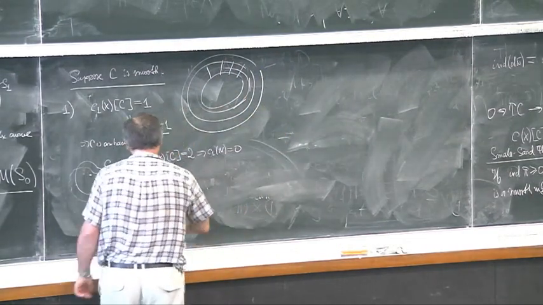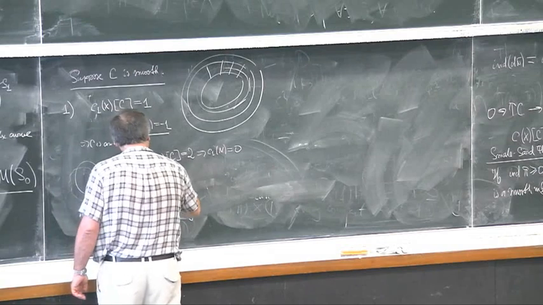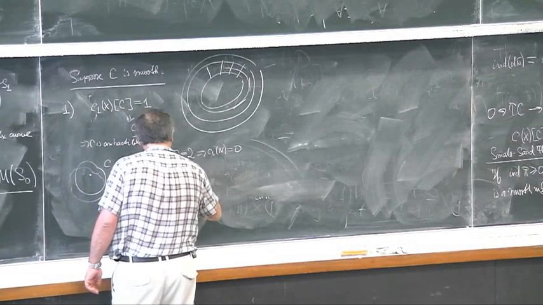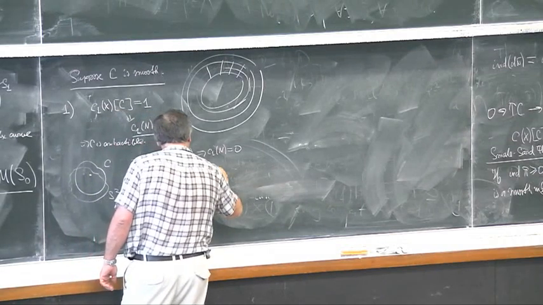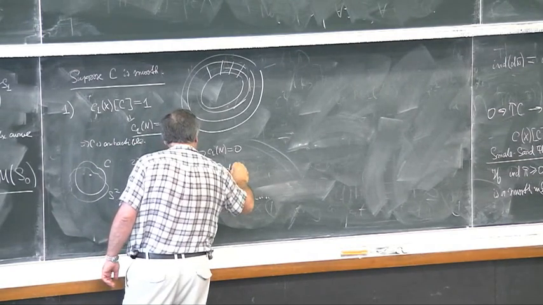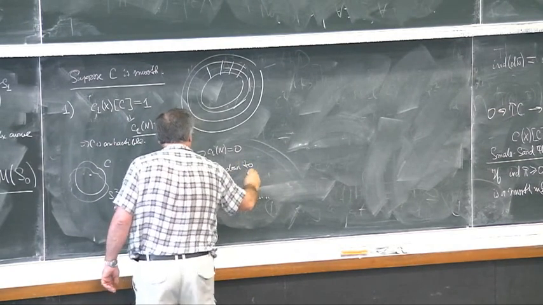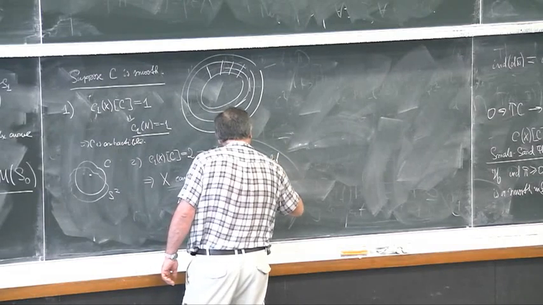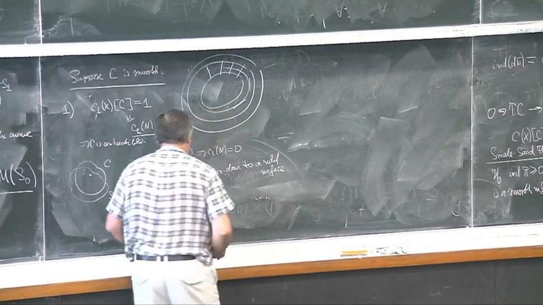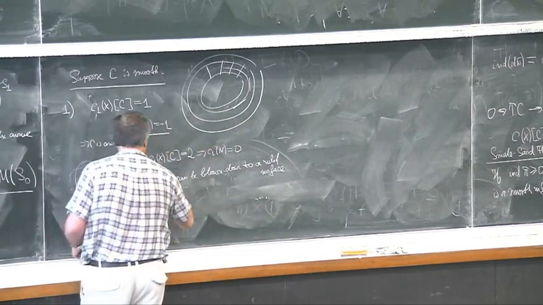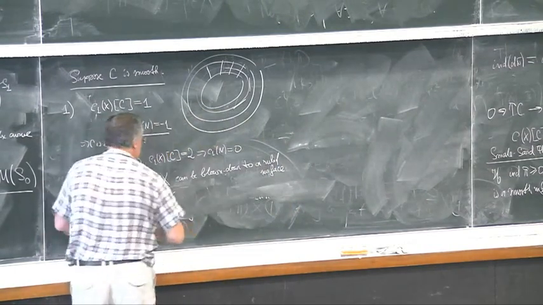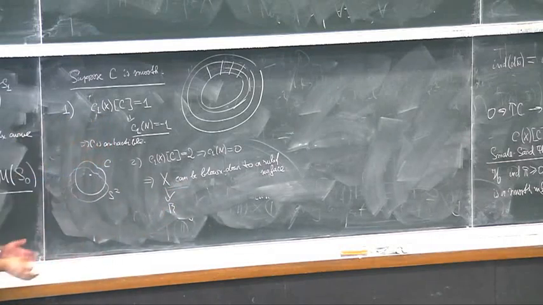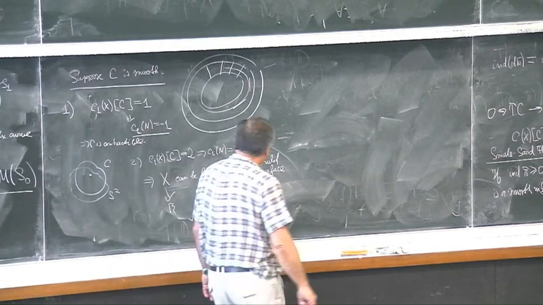And this implies in its turn that X can be blown down. So you blow down a few curves to a ruled surface, a surface which admits a ruling over some Riemann surface with fibers which are rational curves.